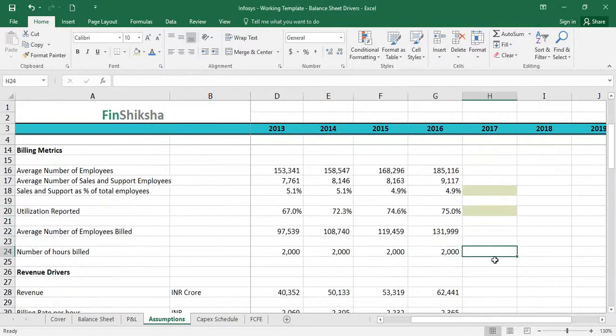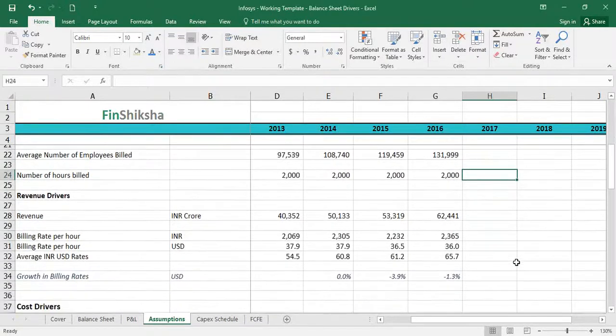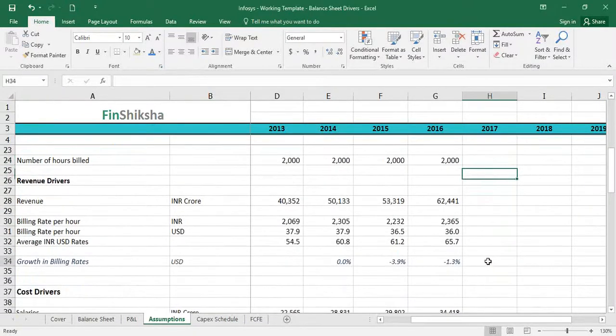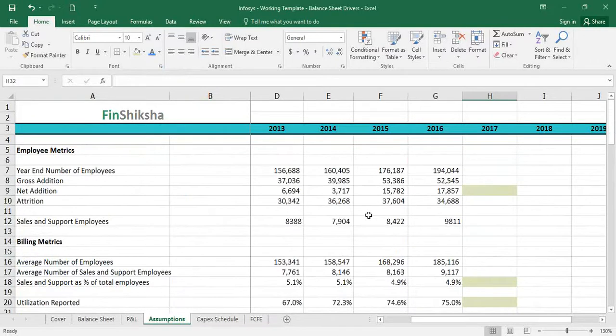The number of hours is a constant, so that does not need to be looked at as an assumption. The fourth assumption is the growth in the billing rate. And the fifth assumption would be my INR USD rate. If I can get these five assumptions, I should be able to project the revenue of the company.